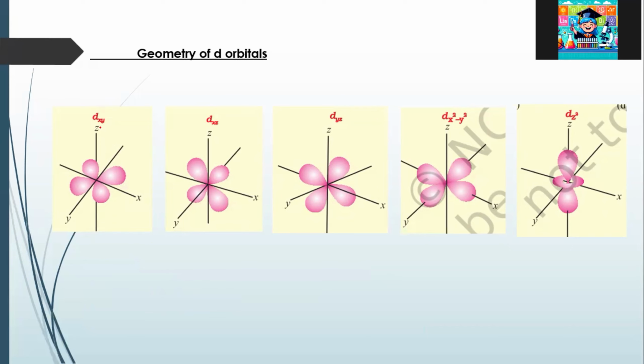As we said, the dxz, dxy, and dyz have geometry in which the orbitals are in between the axes. They are appearing in the space between the axes. And for dx square minus y square and dz square, they are appearing along the axis. They are showing the electron density along the axis of the atom.